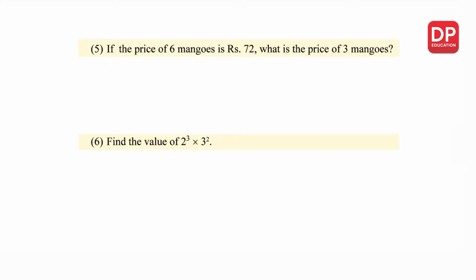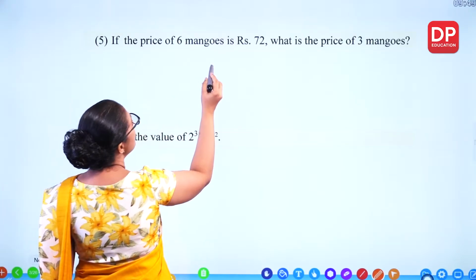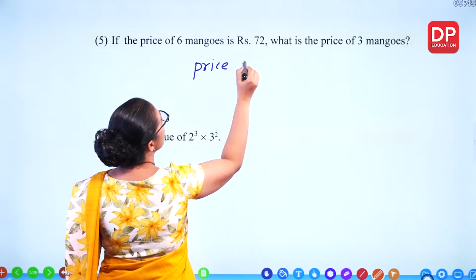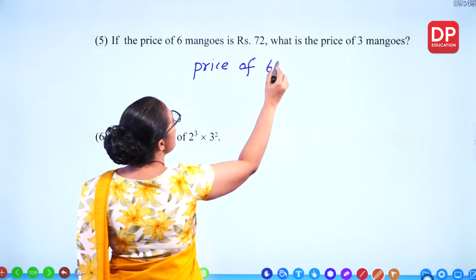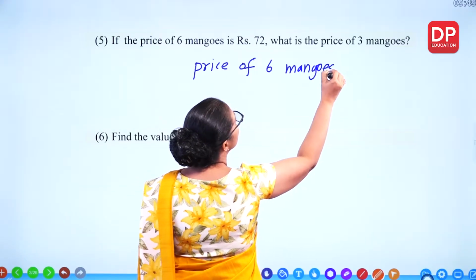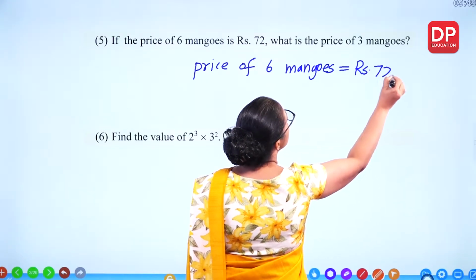If the price of 6 mangoes is 72 rupees, what is the price of 3 mangoes? So here you can use ratios. Price of 6 mangoes, ₹72.